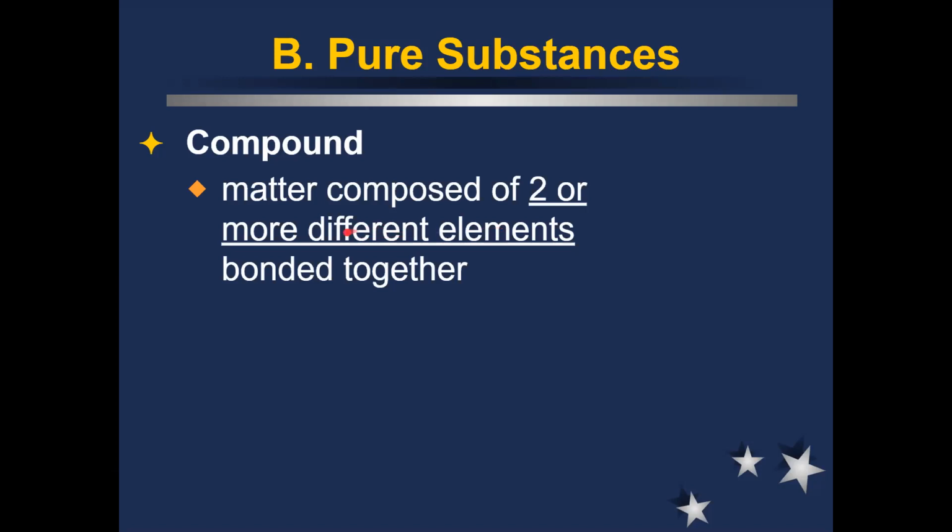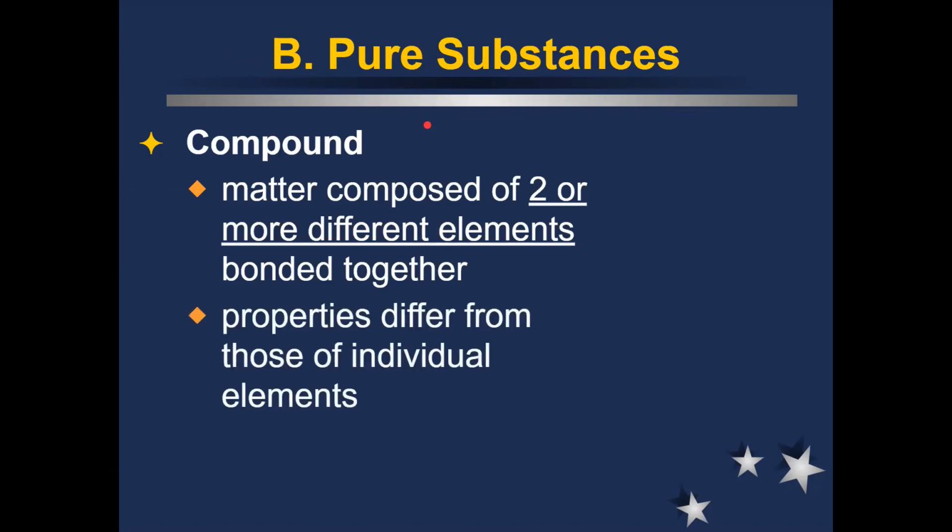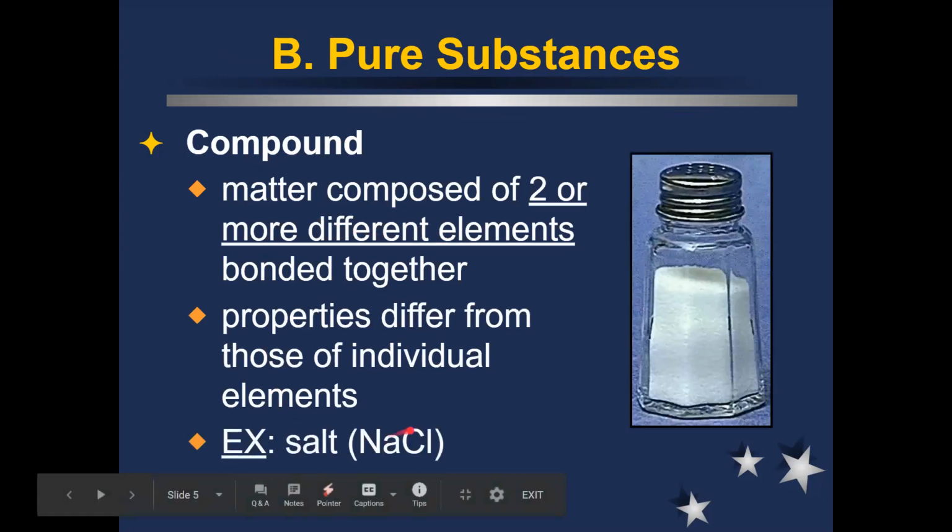There might be different elements in there, but they're bonded to each other, and every single molecule is an exact same copy of that compound, which keeps it being a pure substance. So when these atoms bond together, they end up having properties that are different from the individual atoms when they're separated.